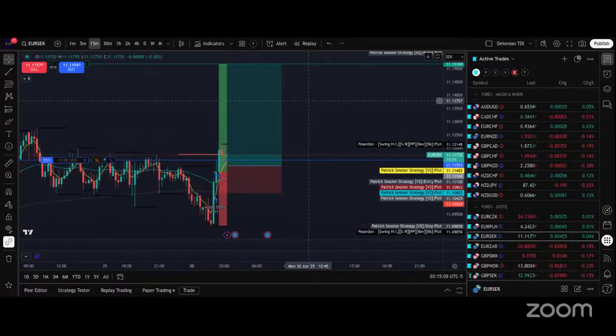It takes about 3 minutes for TradingView to go through all of our assets, so we're waiting for that to happen. We're still tracking Euro versus Swedish krona. Called this out about 45 minutes ago, and it is in profit.